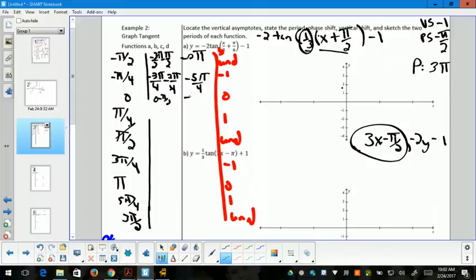Minus pi over 2 is negative pi over 2. Pi over 4 minus 2 pi over 4 is negative pi over 4. I forgot to multiply by 3. So 3 pi over 4 minus 2 pi over 4, sorry, is pi over 4.